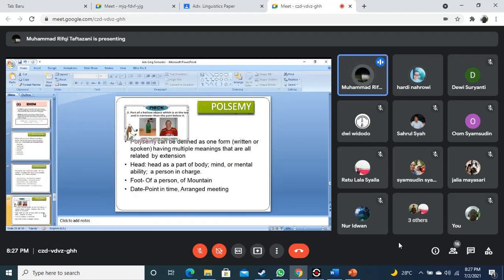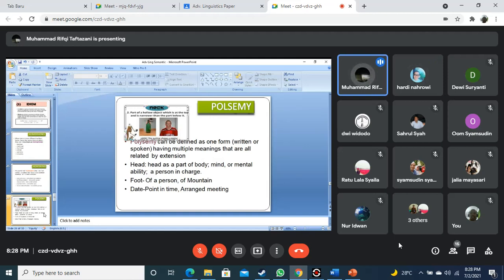Okay, polysemy. Polysemy can be defined as one word, written or spoken, having multiple meanings that are all related by extension. For example, here, head. Head as a part of the body. Also, head is a person in charge.